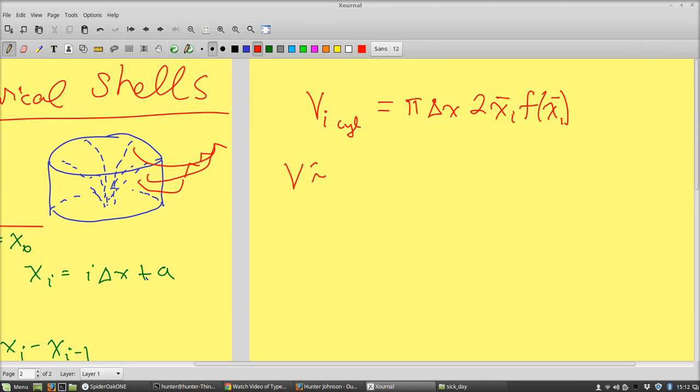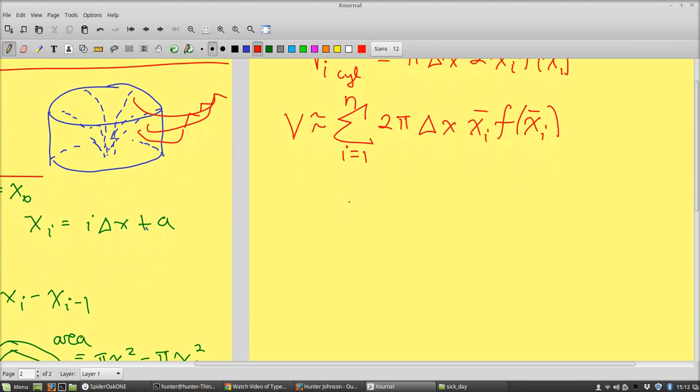So the volume of the whole thing is approximately equal to the sum of the volume of all the cylinders, which is the sum of 2 pi delta x xi bar f of xi bar, as i goes from 1 to n. And so now we do the calculus trick. So this will be exactly equal in the limit as the width of the shells goes to 0.